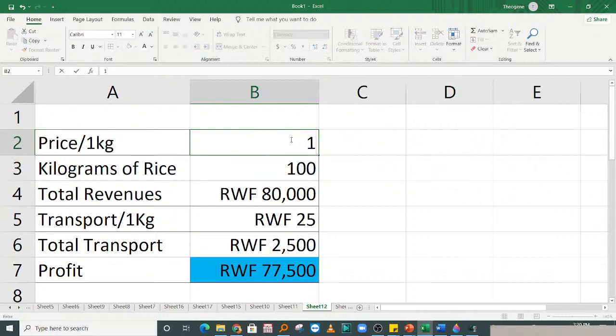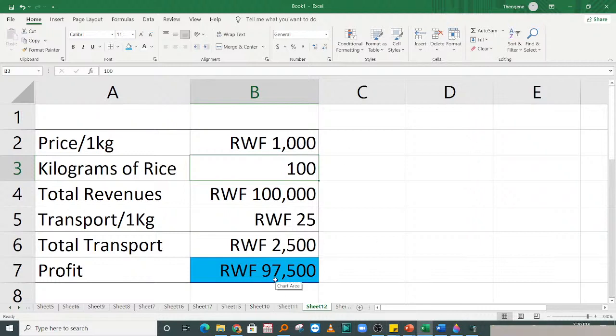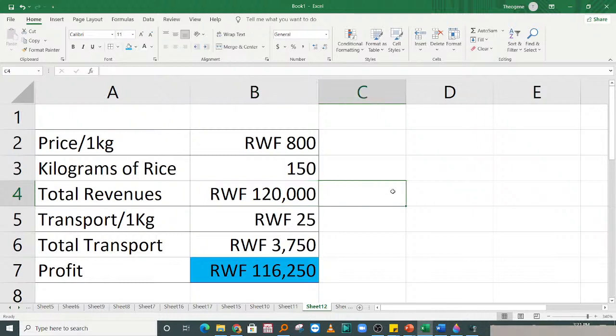You can change it like this. 1,000, you see the profit has increased. It can remain at 800, but you change the quantity, the profit changes and the total transport also changes. Yes, very clear.